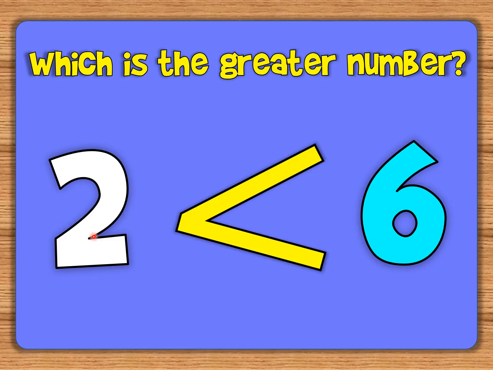He will turn his back on the number that is less, and he will open his mouth to eat the number that is greater. So when we're reading it from this side, when he's pointing to the right side, we say less than. So we will say 2 is less than 6.